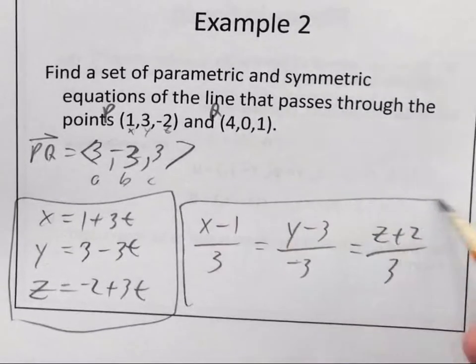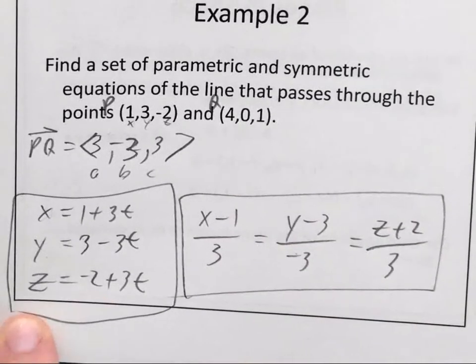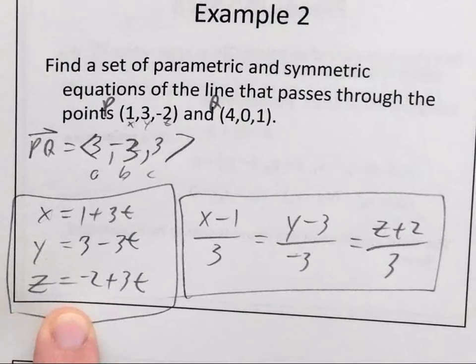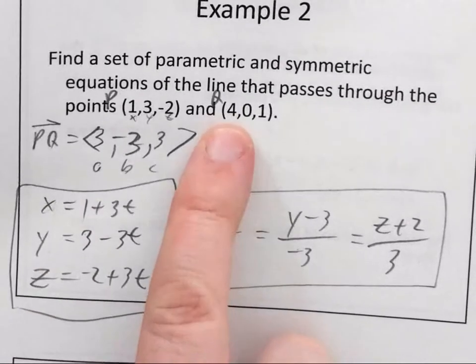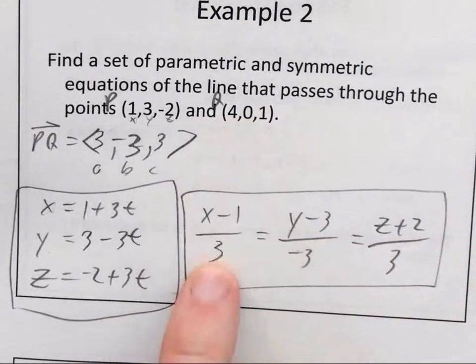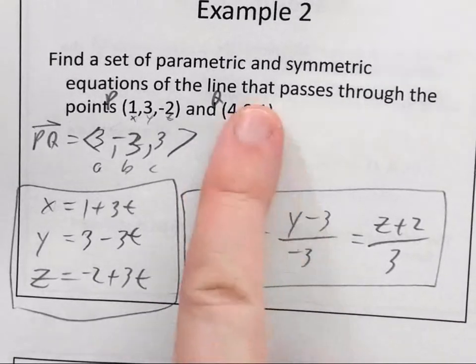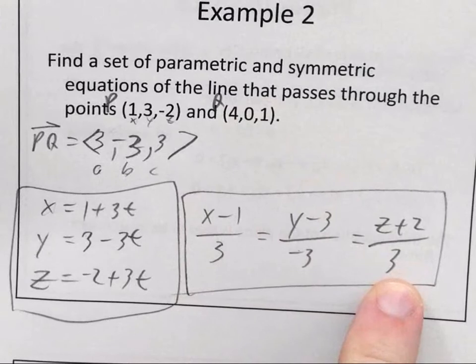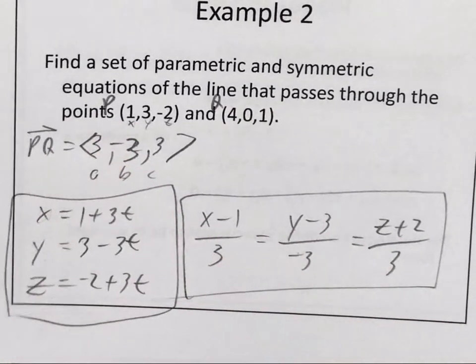Pretty simple? Because this is negative 2 here, so you're adding 2. We're just taking each one of these 3 and solving for T. The idea is if I plug these values in, I should get the same fraction. If I plug in 4 here, I'm going to get 1. If I plug in 0 here, I'm going to get 1. If I plug in 1 here, I'm going to get 1. You'll get the same fraction.